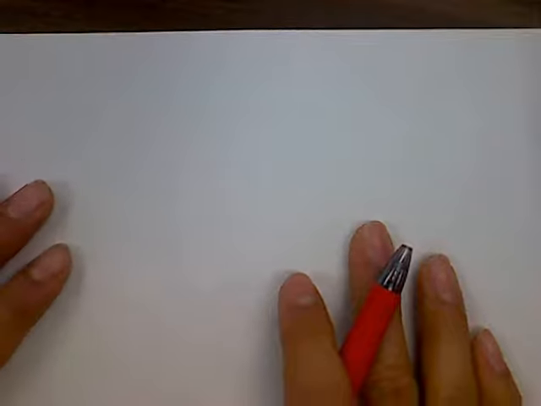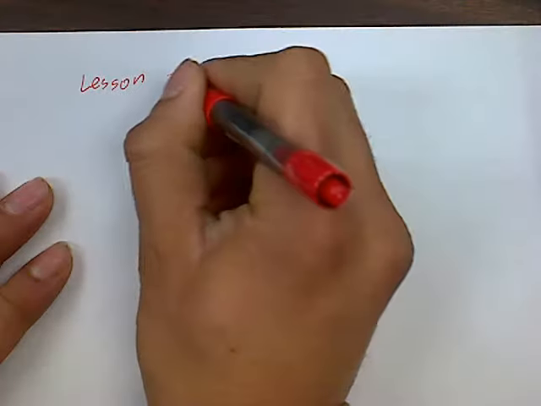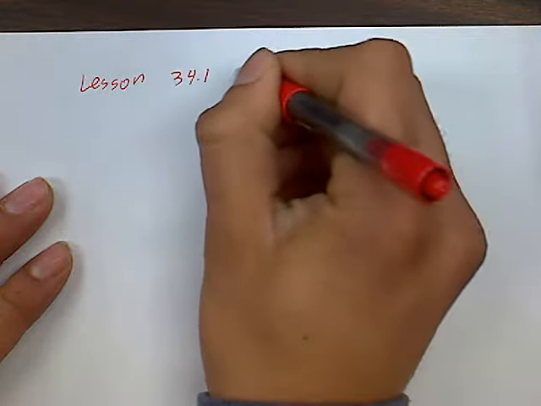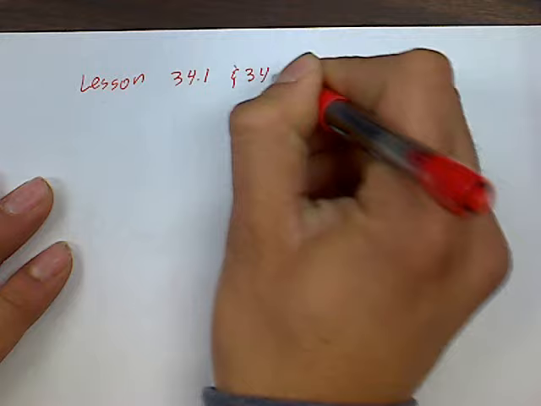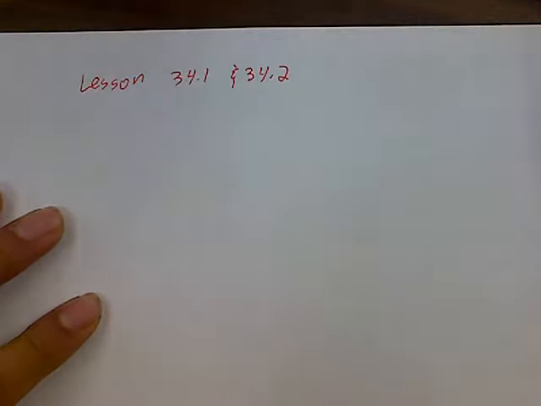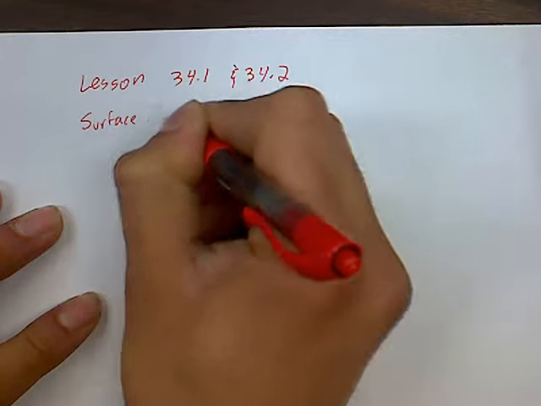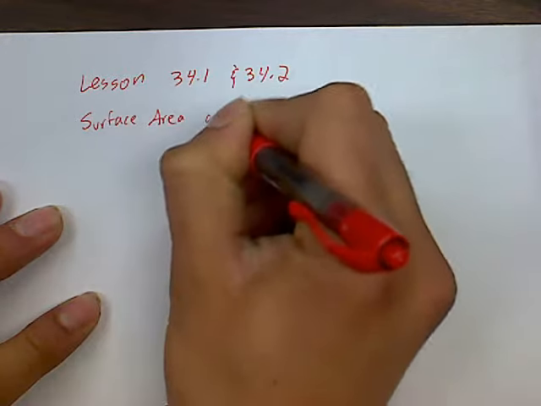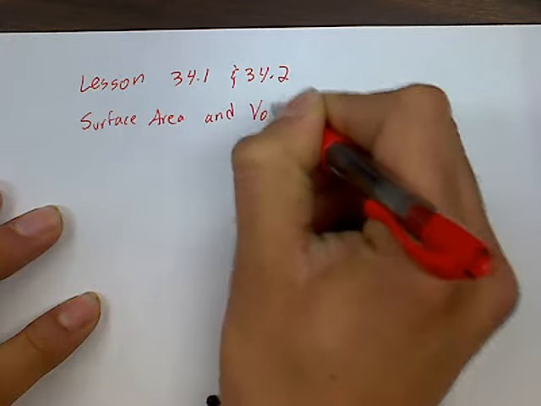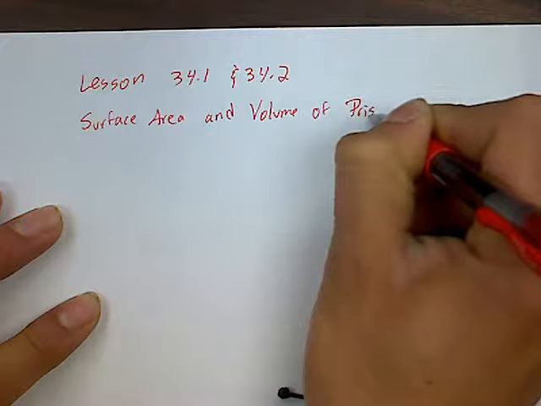Okay, so in this video we're going to do lesson 34.1 and 34.2, but this is only for the surface area and volume of prisms.